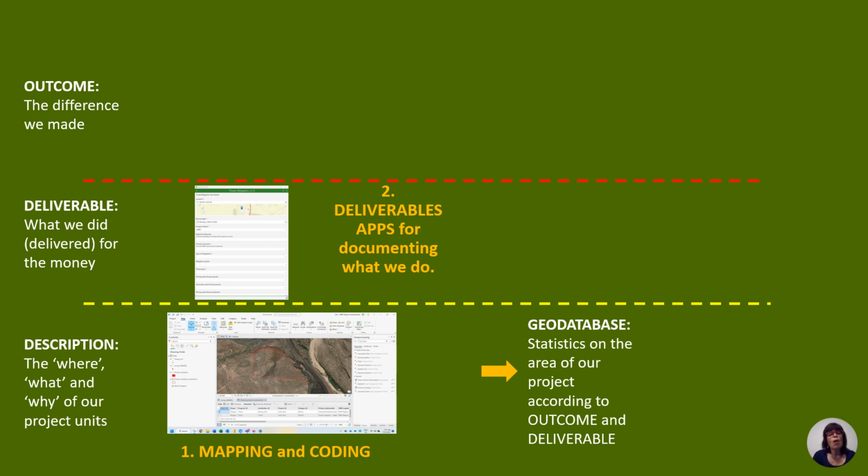Above the yellow line and below the red line, we have our deliverables level. This is where we describe what we did, what milestones we delivered for the contracted investment that we got. And this generates widgets and numbers, such as how many hectares of threat mitigation we've undertaken, how many kilometres of fencing.